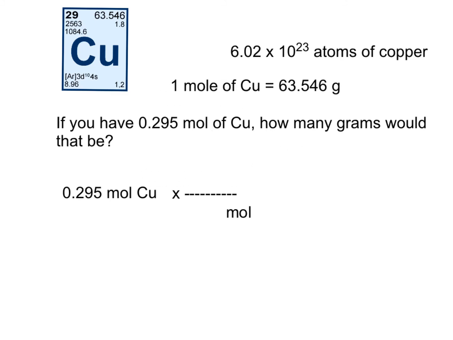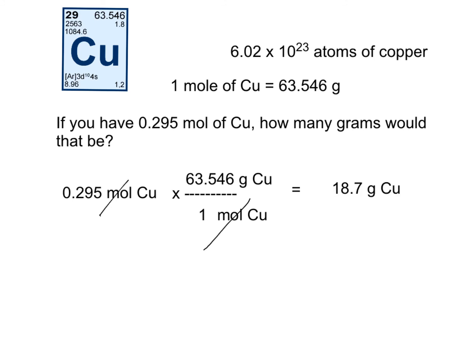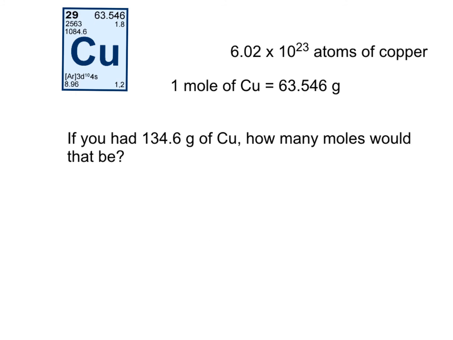And so we will write 1 mole in the denominator and 63.546 grams in the numerator. And when we multiply across the top and divide what's on the bottom, then our moles will cancel, and we end up with 18.7 grams of copper.